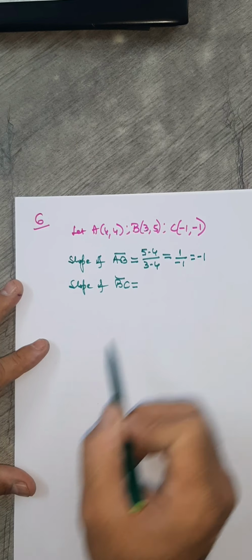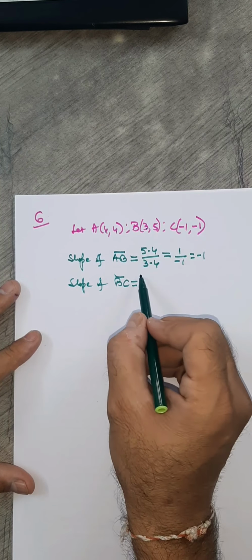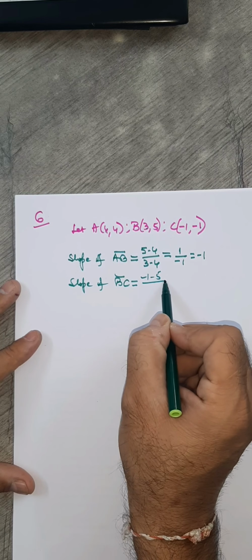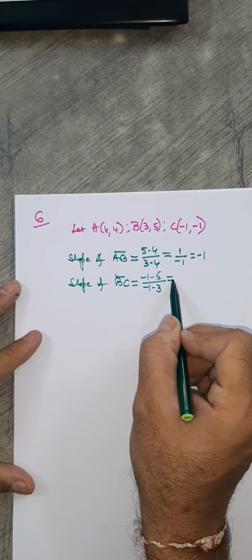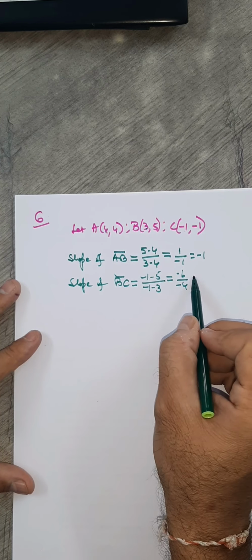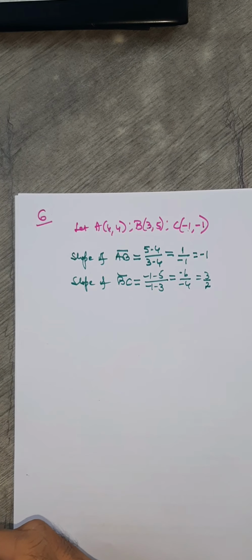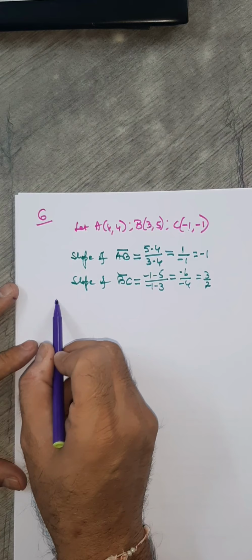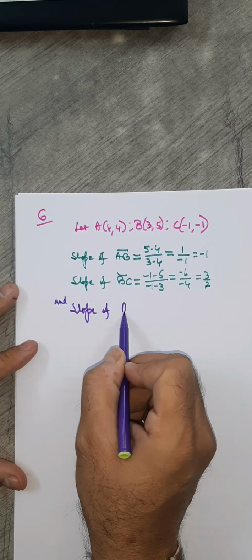So this is minus 1. What's the slope of BC? y2 minus y1, minus 1 minus 5, upon x2 minus x1, minus 1 minus 3. So this will be minus 6 by minus 4. So it will be 3 by 2. Okay. I'll get the slope of AC also. And now the slope of line segment AC.